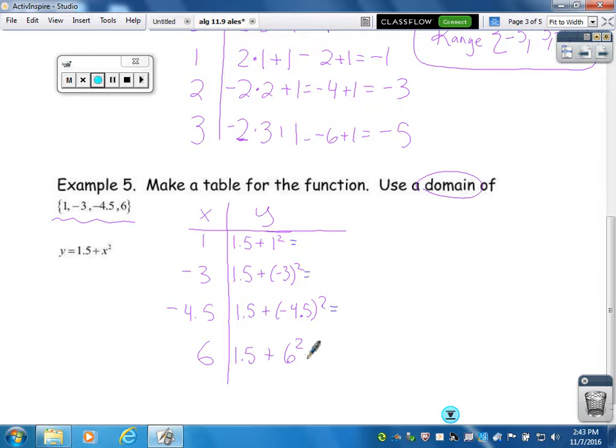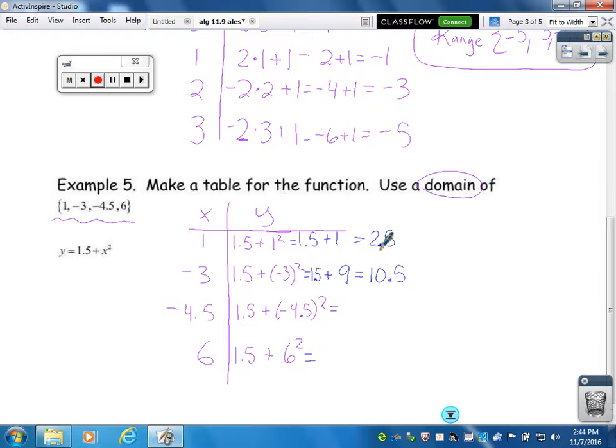So PEMDAS says exponents are most important, so this is really 1.5 plus 1 squared, that's 1 times 1, that's still 1. So the final answer there is 2.5. My next one, -3 times -3 is positive 9. So I've got 1.5 plus positive 9, which is 10.5. So this next one, you might need to get out your calculator.